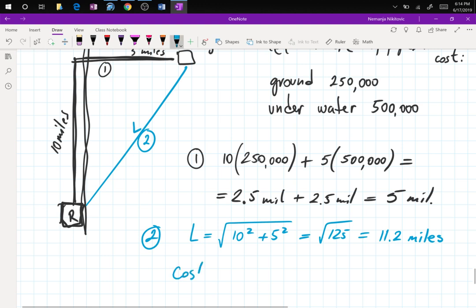So the cost of the blue path is 11.2 miles times $500,000, so that's $5.6 million.